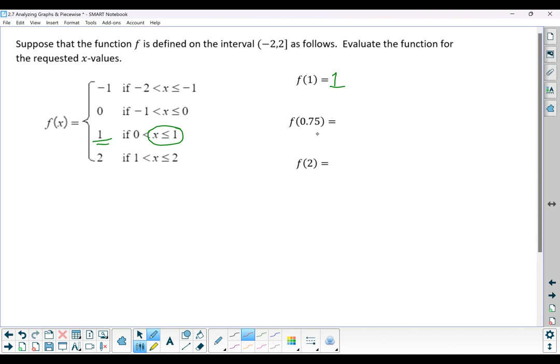F of 0.75, well, 0.75 is in this interval. It's definitely between 0 and 1, so my answer would again be 1. And then the last one, f of 2, well, that's in this group right here, so the answer here would be 2.